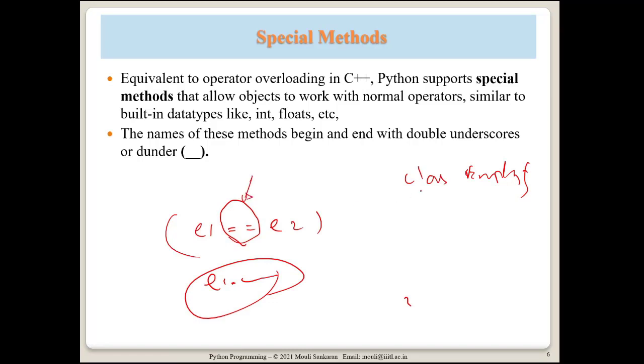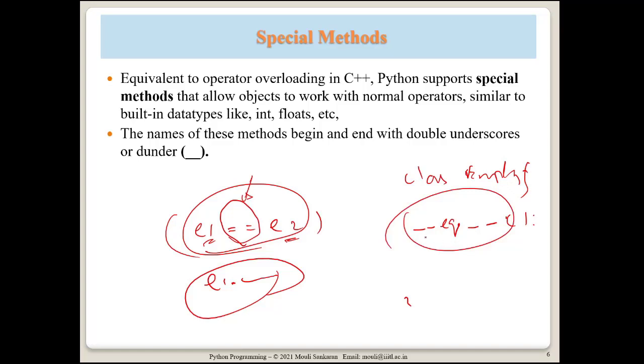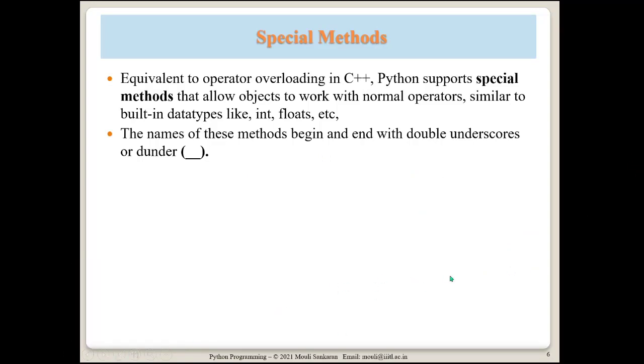Python has a convention that even when you do this, it indicates that we want to call a method of the particular class. Which method to call is identified by this magic method, double underscore eq double underscore. Then it is going to call this method to compare two objects belonging to this class.